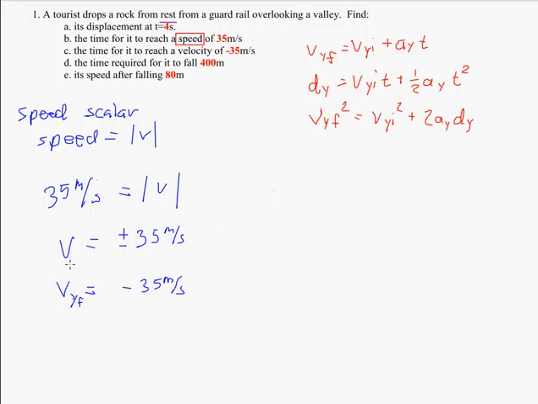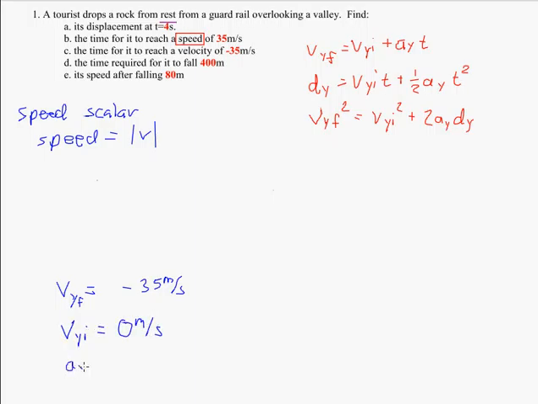You know, once again, let's get rid of all this. You should know that you have an initial velocity equal to 0, because it's the same situation. You know your acceleration, again, is going to be gravity pulling this down.